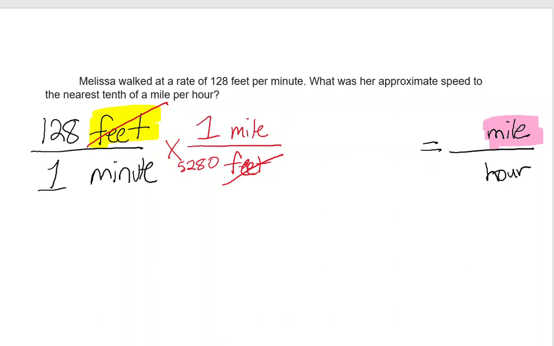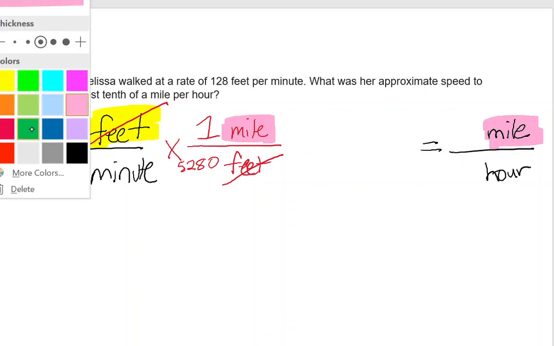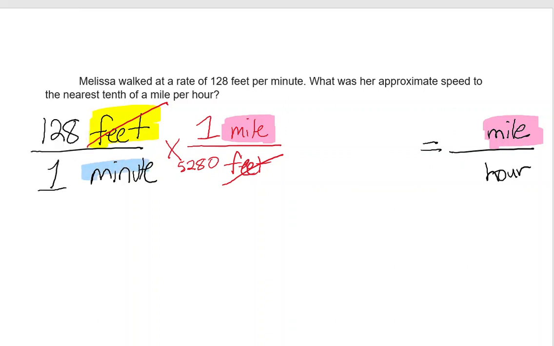So that cancels out feet and leaves me with miles on top. Well, let's look at the denominator. When we look at the denominator, we see that we're going from minutes, and then over here, it's hours. So we have to multiply by something to deal with that too.